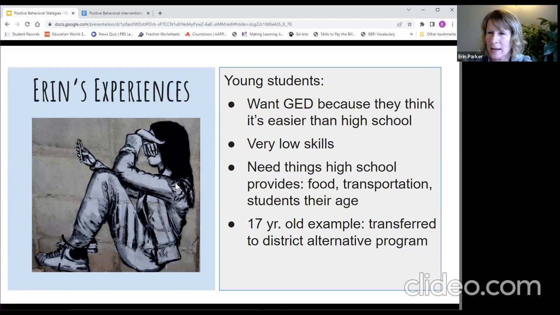So I really sat down and had a talk with him about why he's here. What does he want? And then through that conversation, we kind of figured out that he would be better off in our district alternative program. And so we transferred him there and he's doing well. And I feel good about that. So that can be something we can figure out when we have those conversations with them.